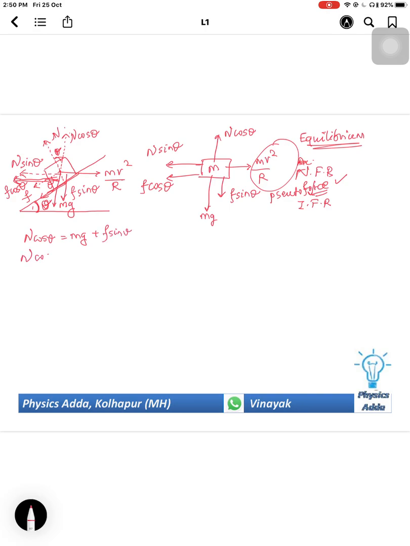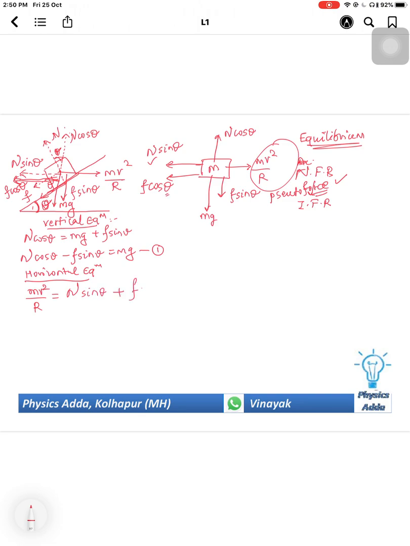So N cos theta minus F sin theta is equal to mg. This is equation number 1, vertical equilibrium. If I take horizontal equilibrium, in this direction, it will be mv square by r is equal to N sin theta plus F cos theta.